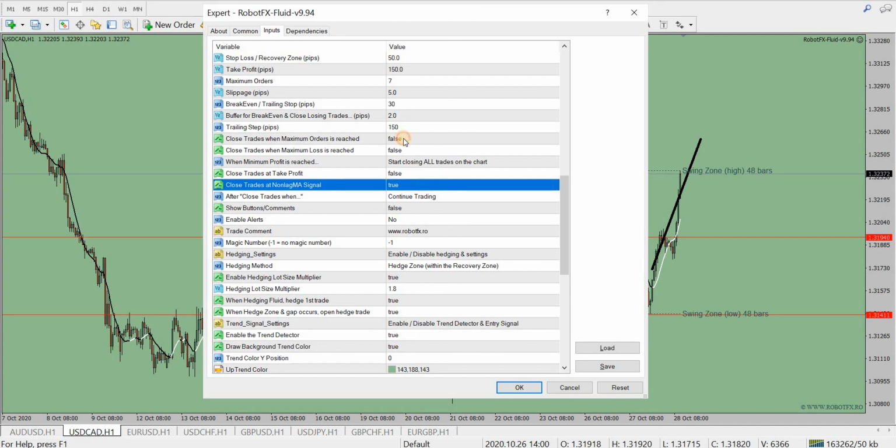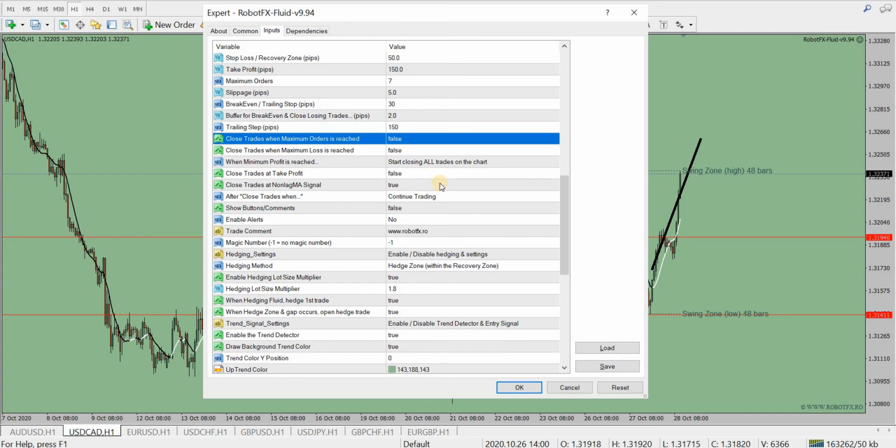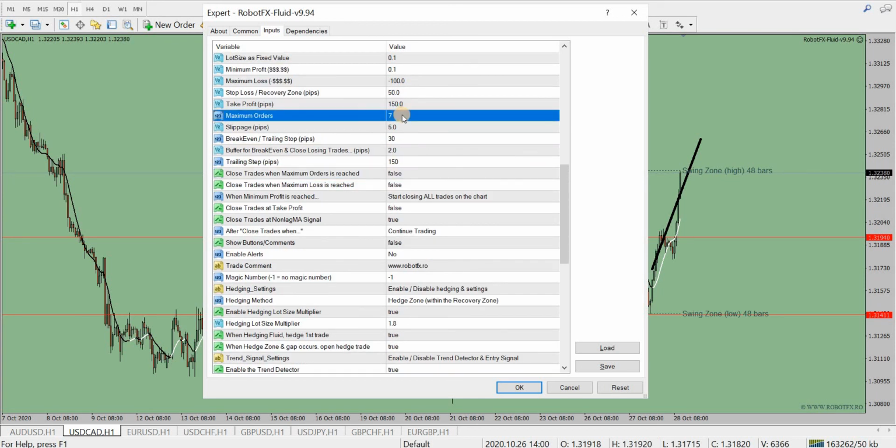I also don't close when the maximum orders are reached, because I always calculate the maximum orders to be a number that depends on the equity. If you have, again, $100,000 in your equity trading account, you probably don't want to have 50 maximum orders.